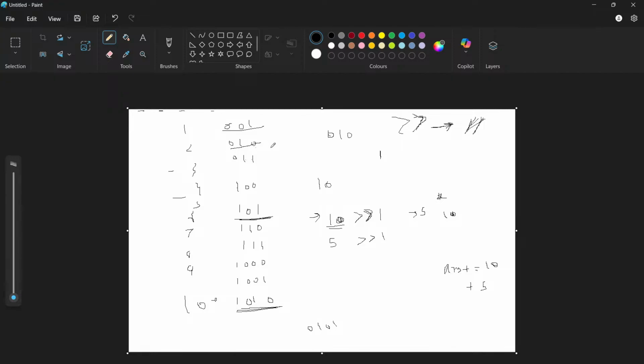But here it gives me 2. If 2 I right shift by 1, it will give me 0 0 1. And how many are there? There is just 1 bit instead of 2. And 1 I right shift by 1 gives me 0. Let's try this logic and see where we go.